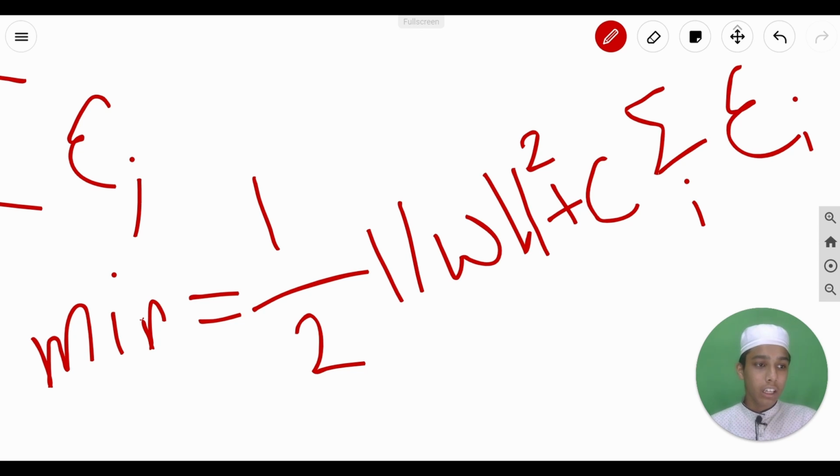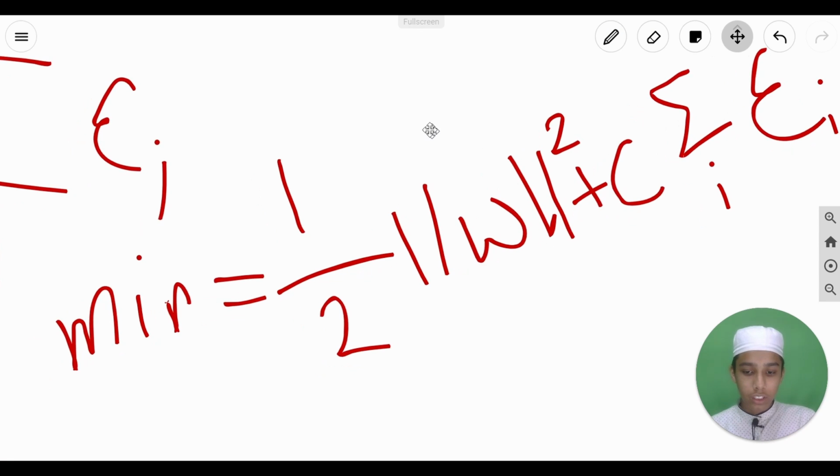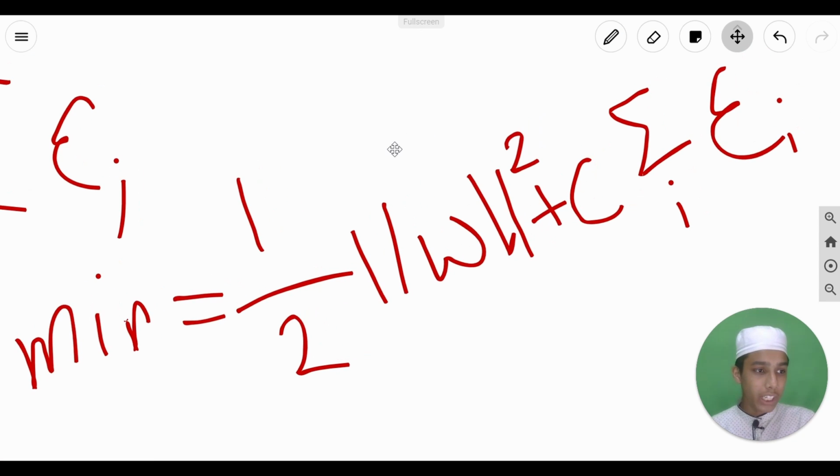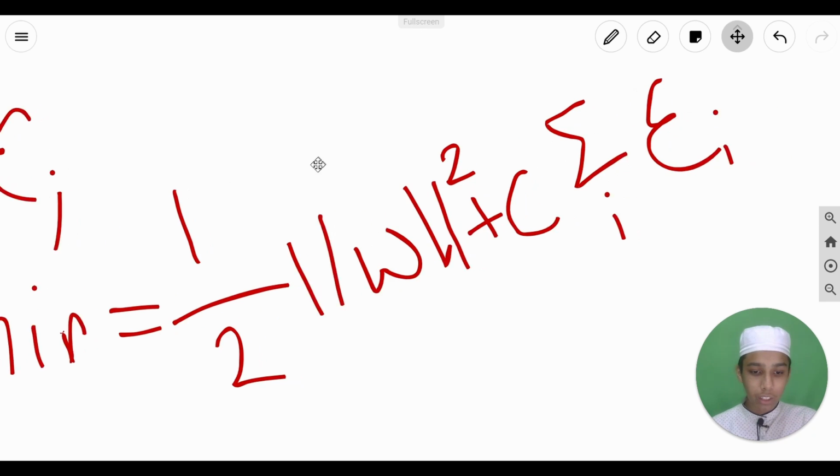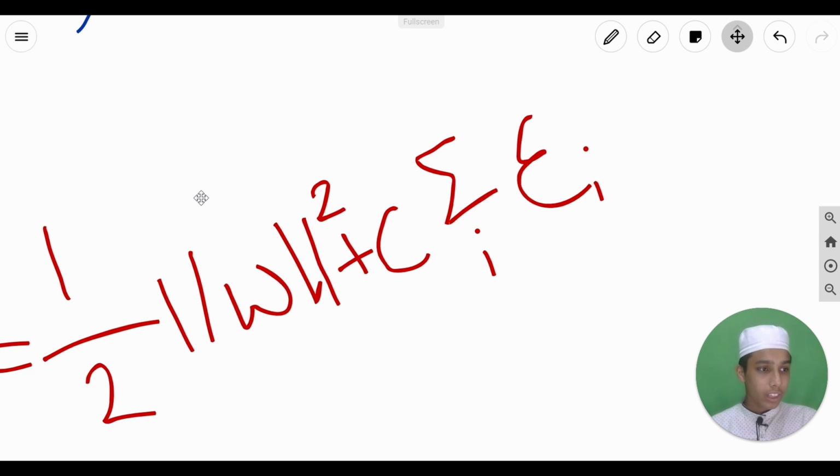So guys, thus we want to minimize the 1 by 2 times the magnitude of vector w squared, plus C times the sum of all the slacks used, and with that we bring in another variable where C is a multiplier for the value.